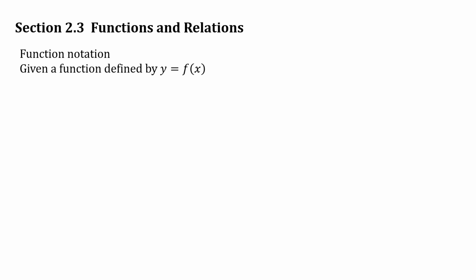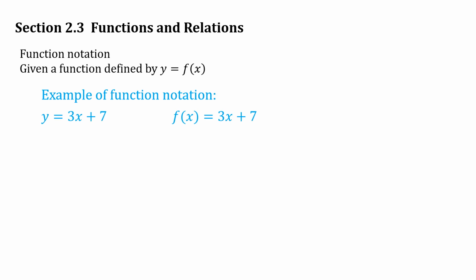One way to present a function is as an equation. So we could write out as an equation y equals mx plus b, the equation of a straight line, where 3 is your slope and 7 is your y-intercept. A function, f of x, describes a function that gives you back your y.